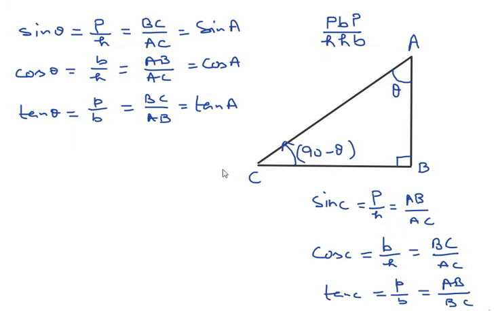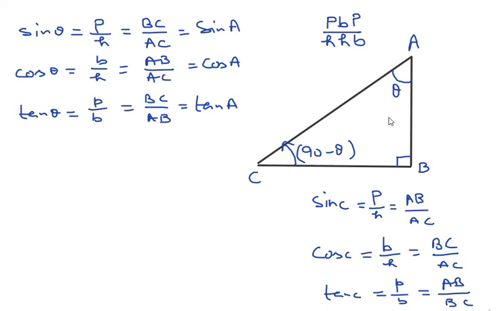So students, I am going to explain one more time. You can see one more triangle on your screen where angle B is equal to 90 degrees. I am taking angle A as theta. So we calculate, we will get angle C as 90 minus theta.